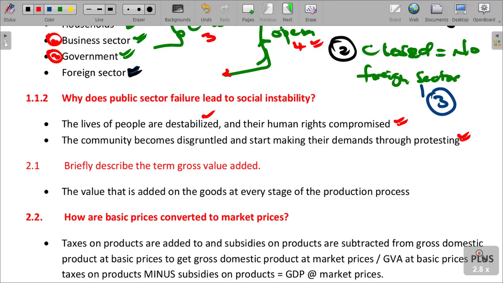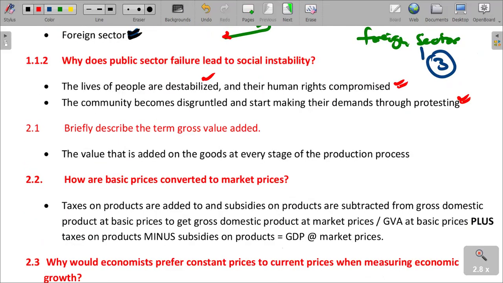Quite a lot of problems arise, which at the end of the day cause social instability, like students not being able to go to school. We can talk about inaccessibility of social services. Therefore, it is an instability caused by public sector failure.